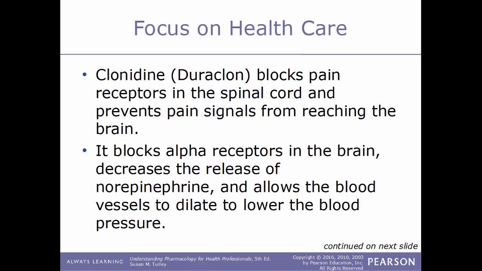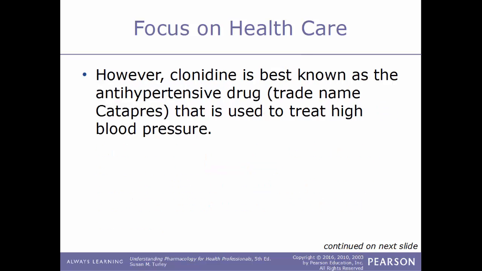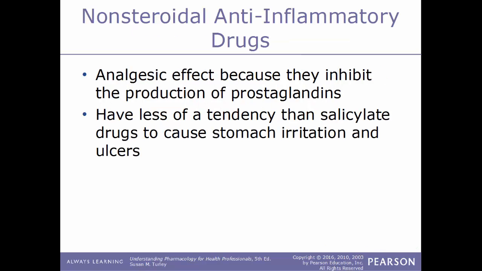It blocks alpha receptors in the brain and also works by decreasing the release of norepinephrine, which allows the blood vessels to dilate and lower blood pressure. However, Clonidine is best known as the antihypertensive drug that is used to treat high blood pressure. That drug is Catapres.